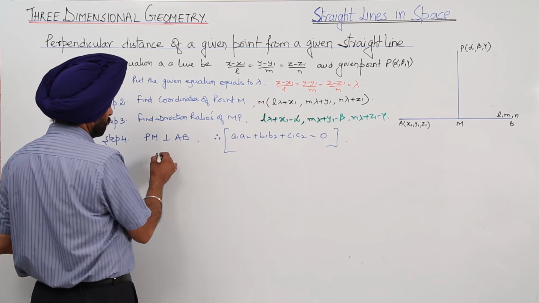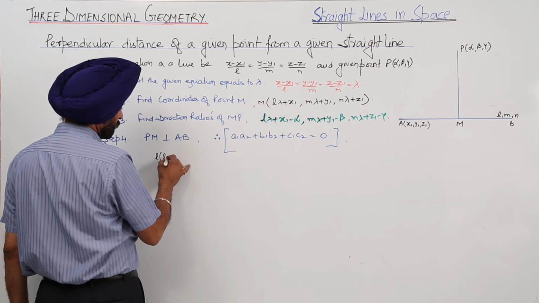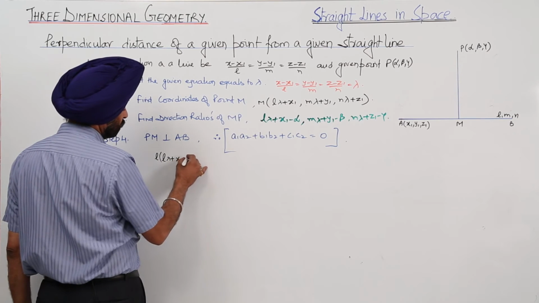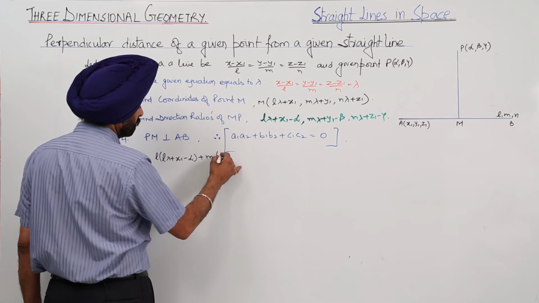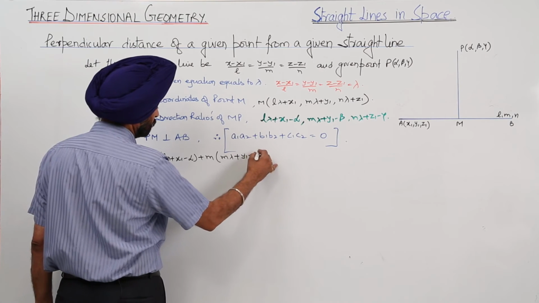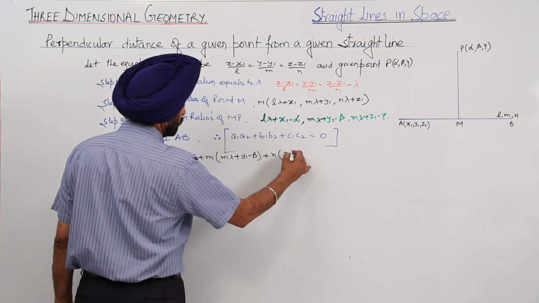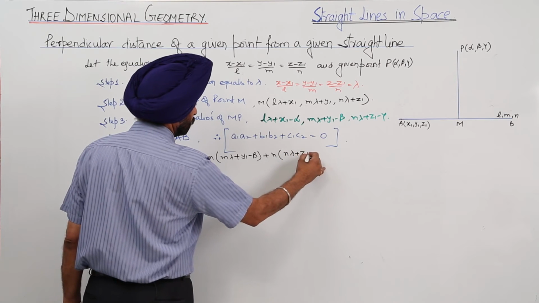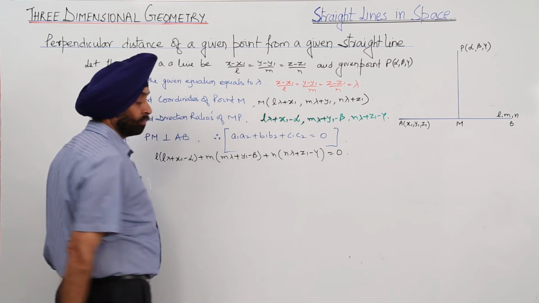So this will become L times (L lambda plus x1 minus alpha) plus M times (M lambda plus y1 minus beta) plus N times (N lambda plus z1 minus gamma) is equal to 0.